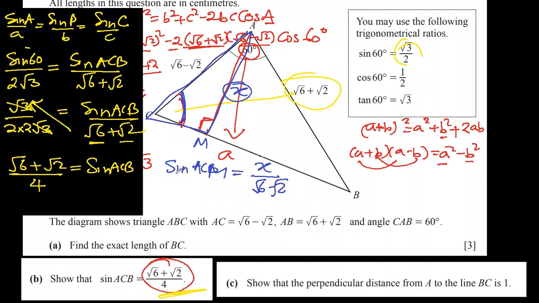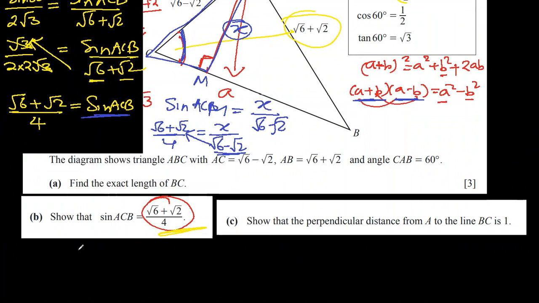Correct? Sine ACM, we already found it. Sine ACB is same as sine ACM. Square root 6 plus square root 2 over 4. That is sine ACM equal to x over square root 6 minus square root 2. Right? So now we'll find x because we know everything. We'll do this cross multiplication first. And it is again the same thing, a plus b, a minus b, when I multiply square root 6 minus square root 2 with square root 6 plus square root 2.